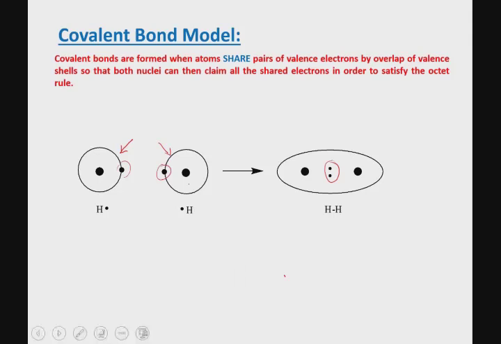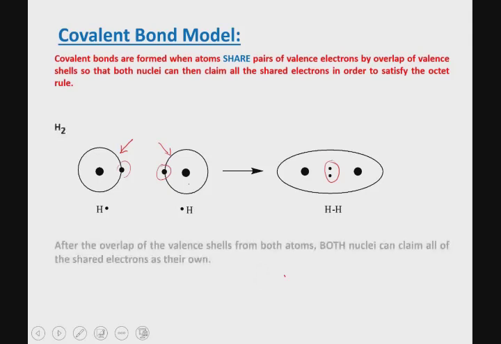So the octet rule in this case is satisfied by overlap of valence shells, such that those electrons can now be shared between the two nuclei.